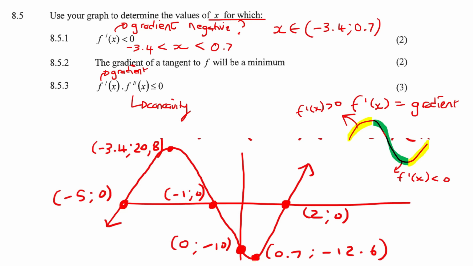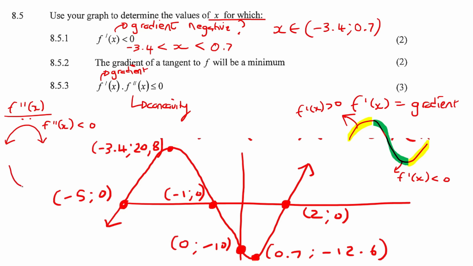Okay? Now, when you talk about second derivative, it's all about smiley faces and sad faces. So when you have an area that is like this, can you see that that's like a sad person? Can you see the sad face? That is where your second derivative is smaller than 0. It's negative.